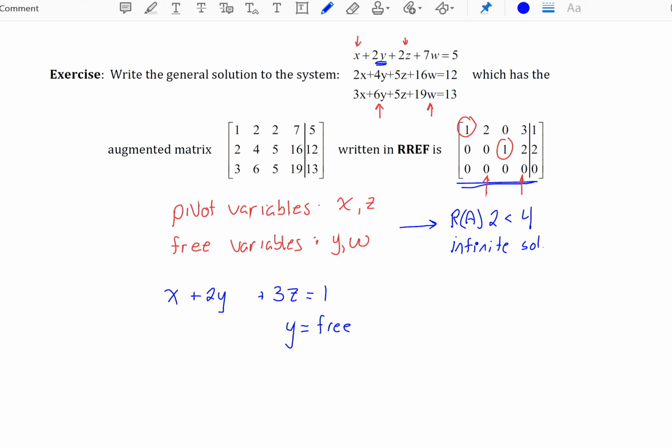No, x, y, z. I think I wrote this wrong. This is not a z. This was supposed to be a w here. So x plus 2y plus 3w, because there were no z's in the first equation. But the third one is going to be z plus 2w equals 2. And then our next free variable was w, so I'm putting a placeholder here to remind me that it's free.